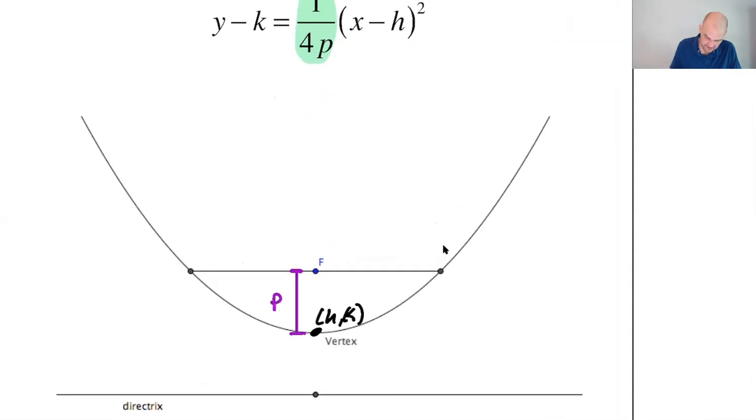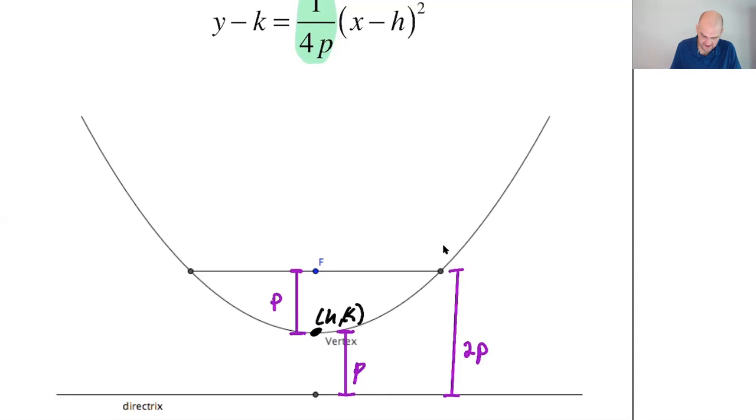And then by symmetry, this distance is also p, which means that this distance is 2p. And then, because of the way it works, hold on, I'm adjusting the width of this highlighter.